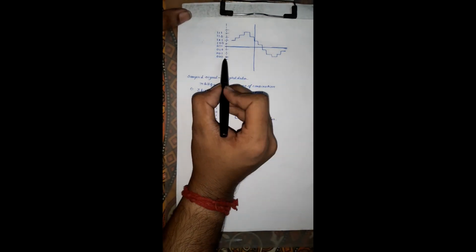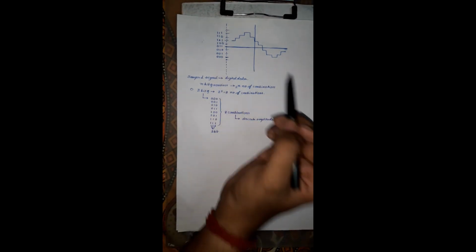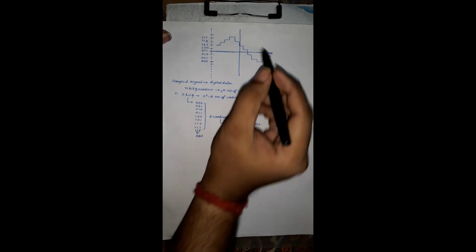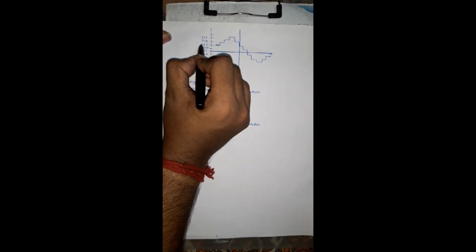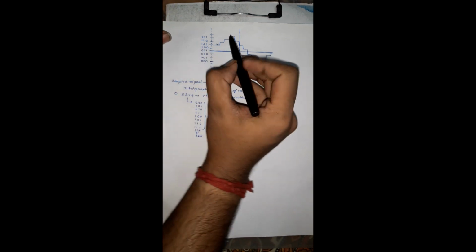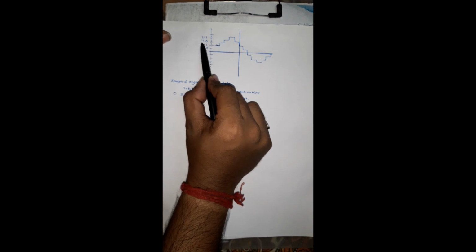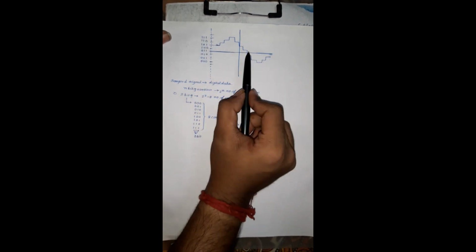So for this amplitude, for this value, we get the digital data 101. For this value we get 110. For this value we get 111.